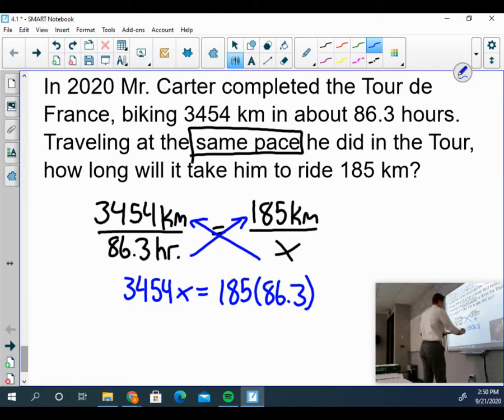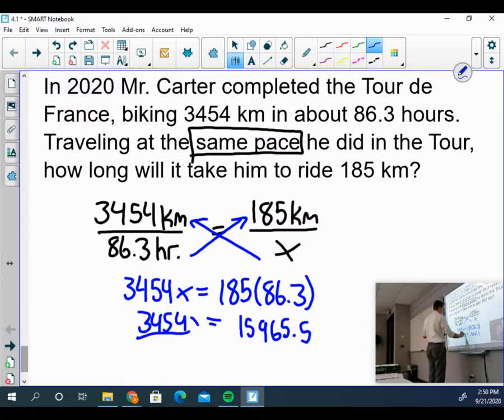And I will get 15,965.5. And to get x by itself, I will divide both sides by 3,454.